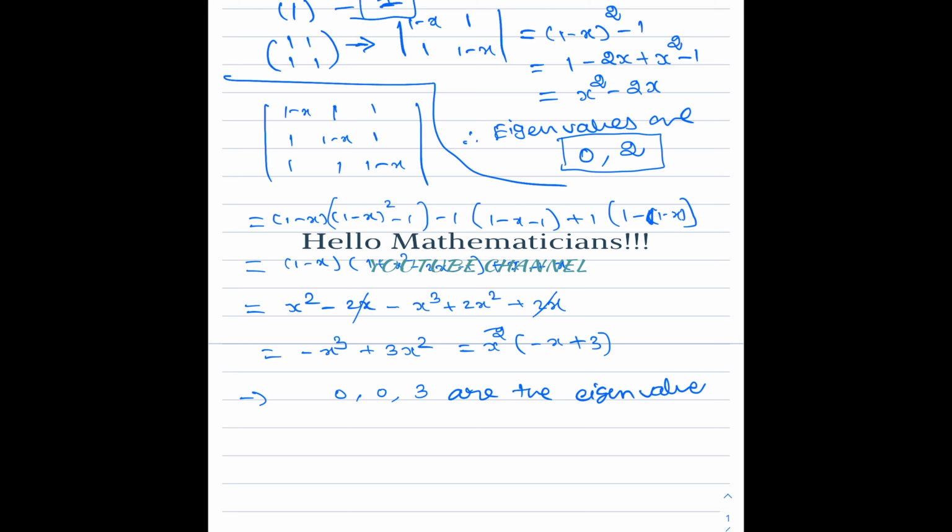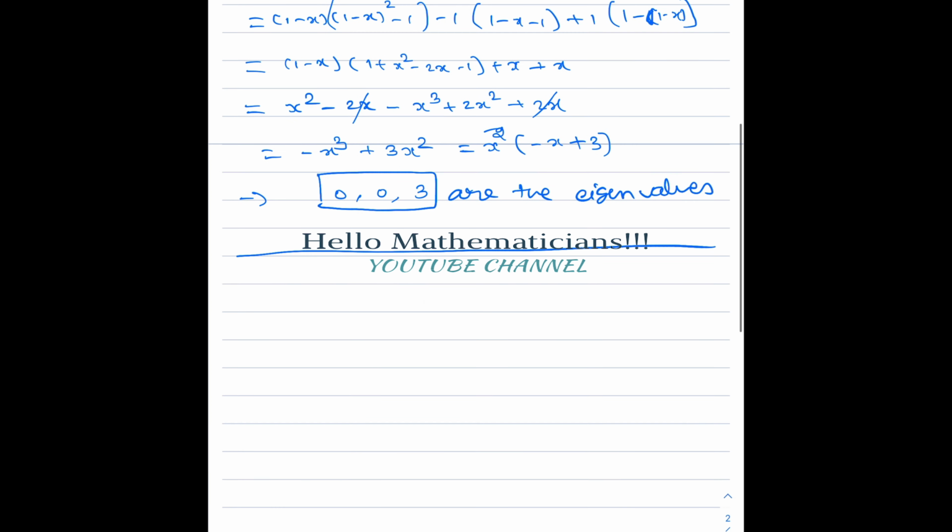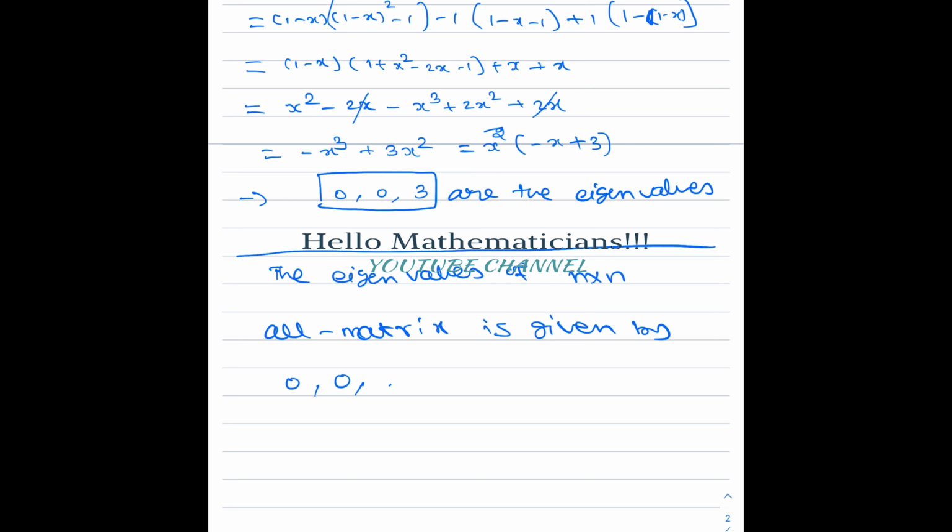Using this we can directly generalize the eigenvalues of the n by n all one matrix. The eigenvalues of the n by n all one matrix are given by 0, 0, and so on, 0, followed by n.